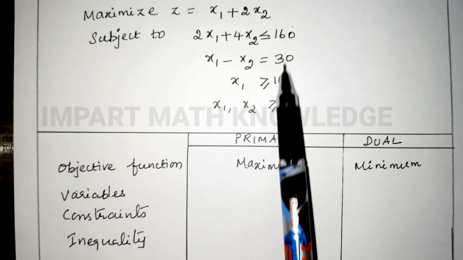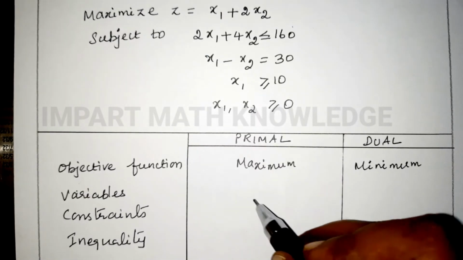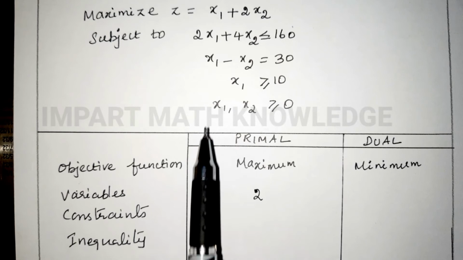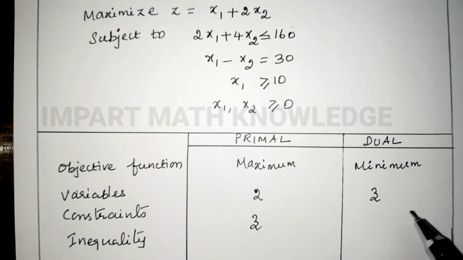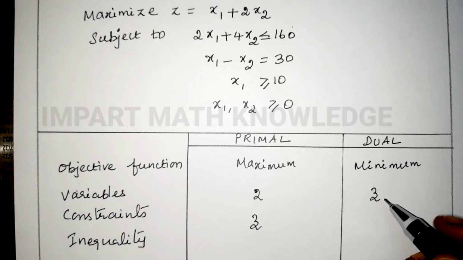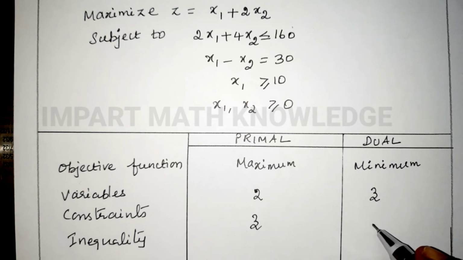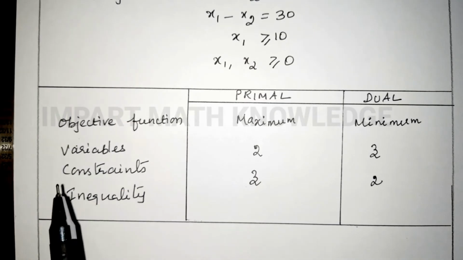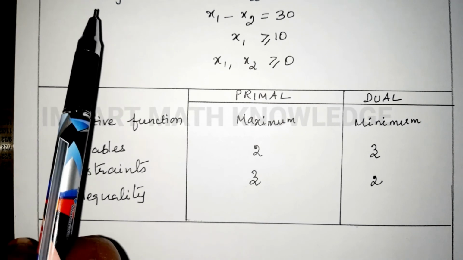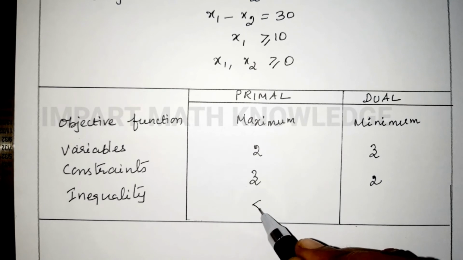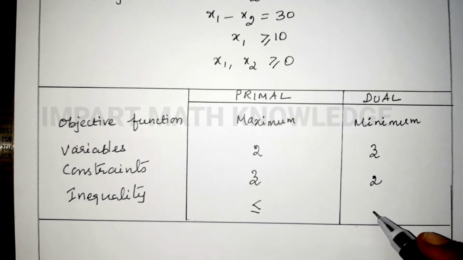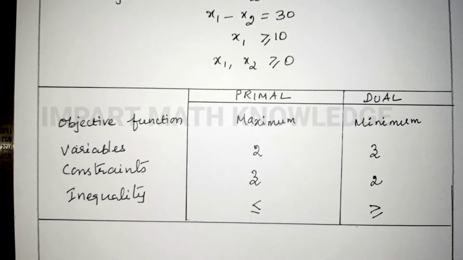The number of variables in the primal problem is 2. The number of constraints in the primal problem is 3. So in the dual problem, the number of variables is 3 and the number of constraints is 2. Your given problem is maximum, so the inequality should be less than or equal to. When it comes to the dual problem, it is greater than or equal to.